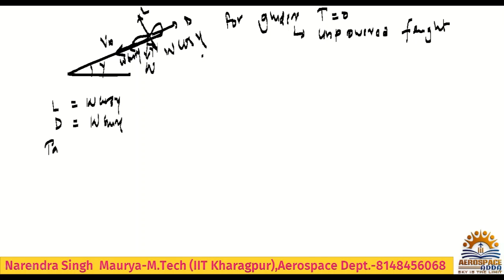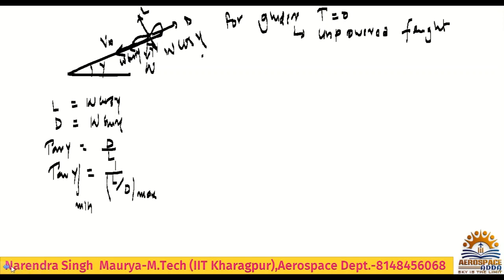So what will be tan gamma? It is D by L. Or tan gamma is equal to 1 by L by D max, you can write. L by D max is given, hence this value will be minimum. It is called the minimum gliding angle, and you get the minimum gliding angle at the minimum drag condition, that is the L by D max condition.